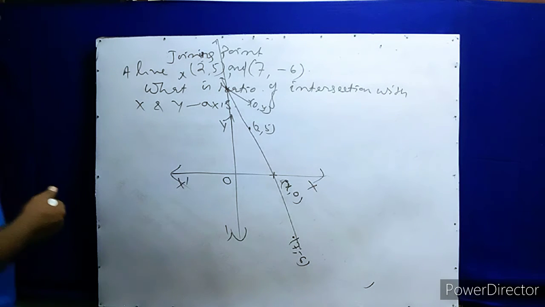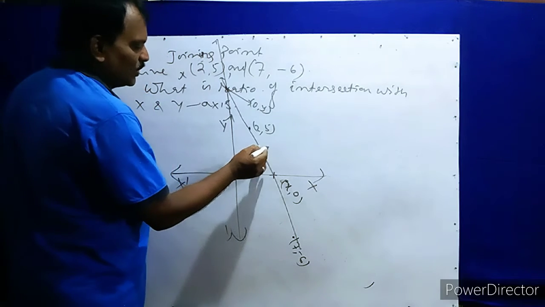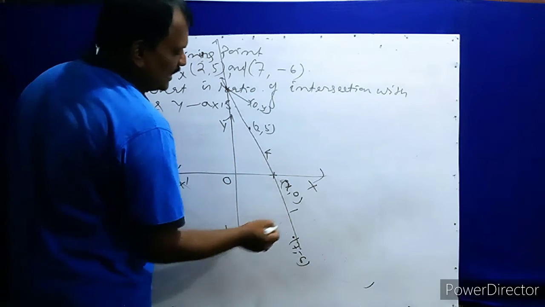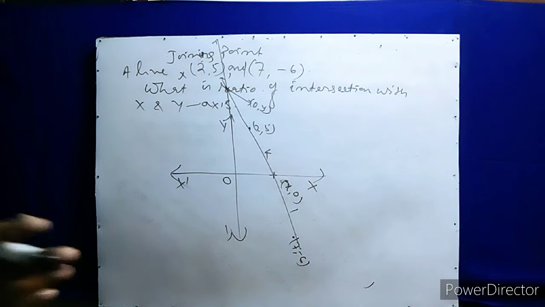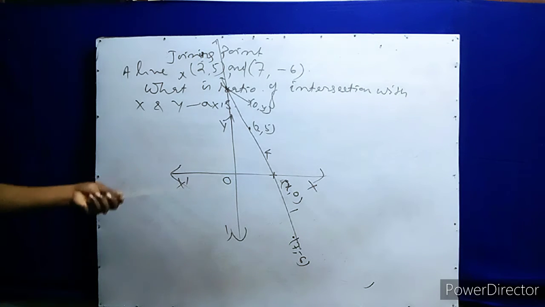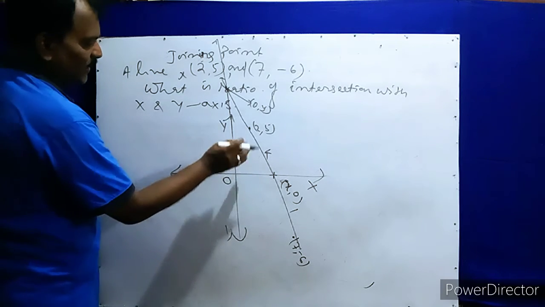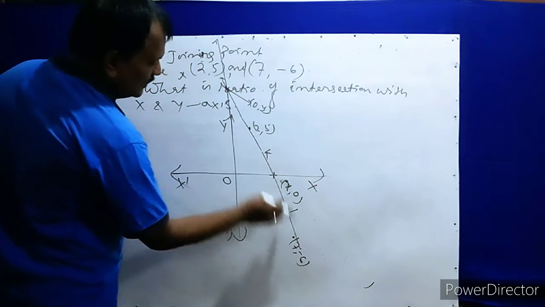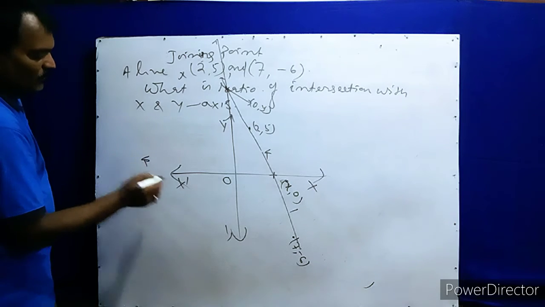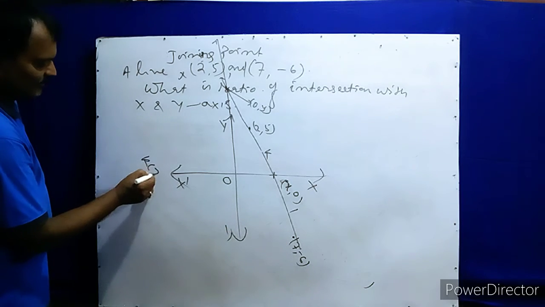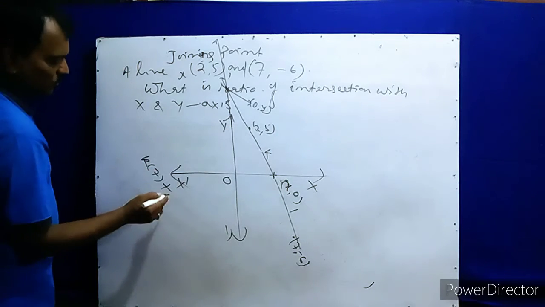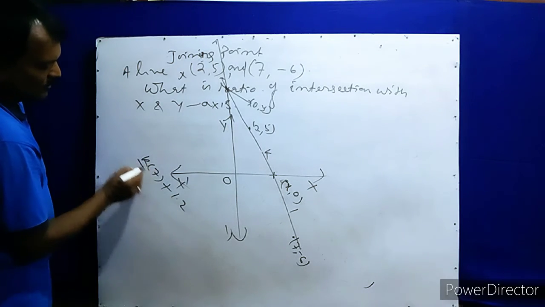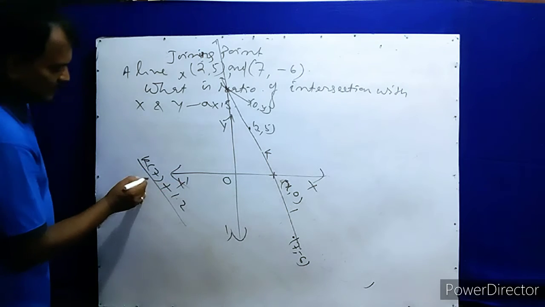The ratio is not given. Here let me take the ratio equal to k:1. This side equal to k and this side equal to 1. Then how to find this ratio and this point? For finding this, first you take k into this point, 7, plus 1 into this point, 2, by k plus 1.